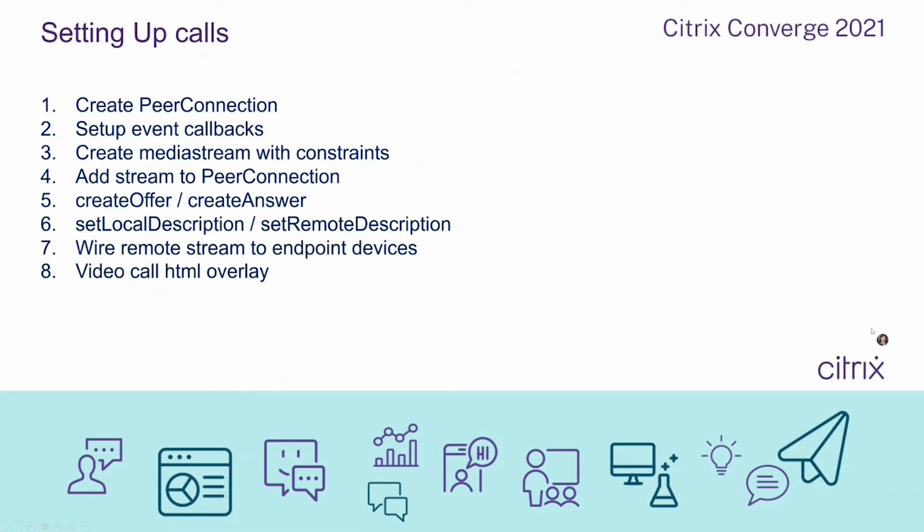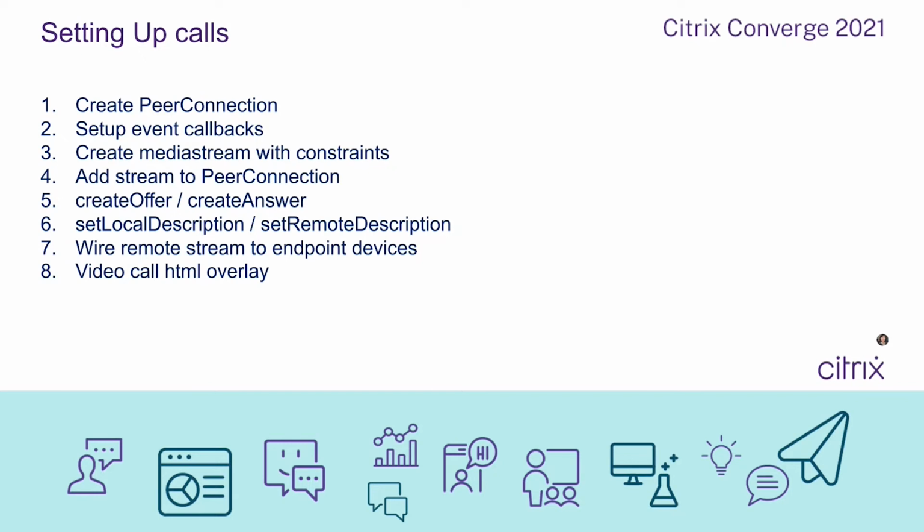So at this point, we are ready to perform any call-related tasks. The typical steps involved to set up the call are: create a peer connection, and set up event callbacks for the peer connection. Then we need to create the media stream with certain constraints. Once the media stream is created, we add that media stream into the peer connection object.